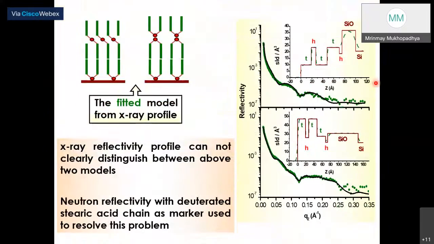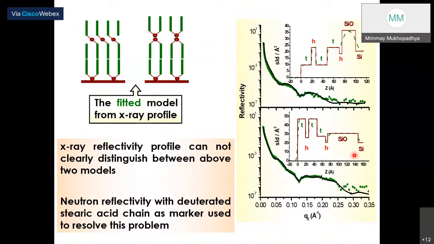But in this case, you can see the same film. When you do neutron reflectivity, you can see that this tail in one case is higher density and in one case it is lower density. Here the hydrogen head part is higher density, and here the head part is lower density. Why is that? Because this was done without deuteration, that means without isotopic substitution, and this was with isotopic substitution.